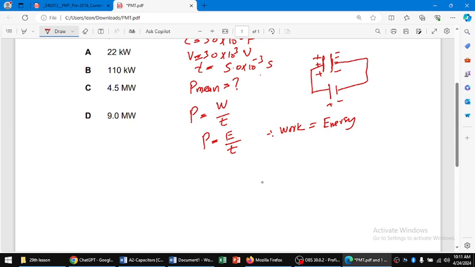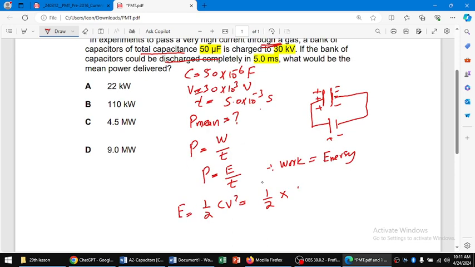The formula for energy is half CV square. The capacitance is given in the question, 50 into 10 to the power minus 6 farad, and the voltage is 30 into 10 to the power 3 volts. So the energy stored in the capacitor, when we solve, is 22.5 into 10 to the power 3 joule.